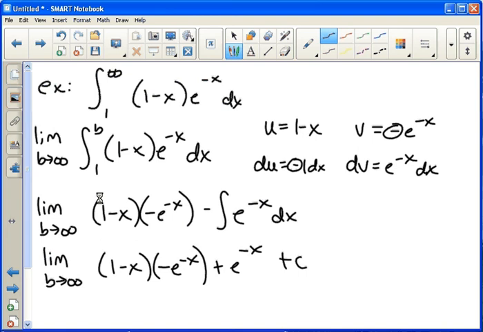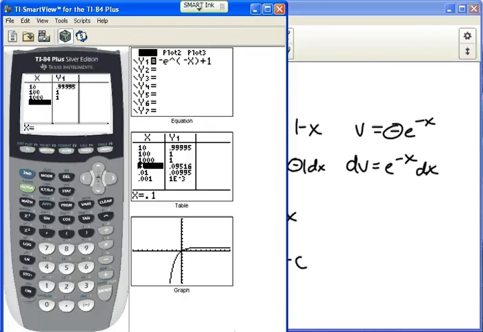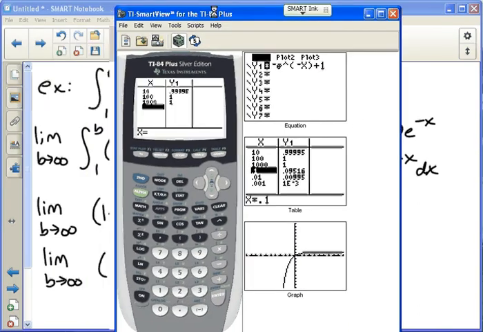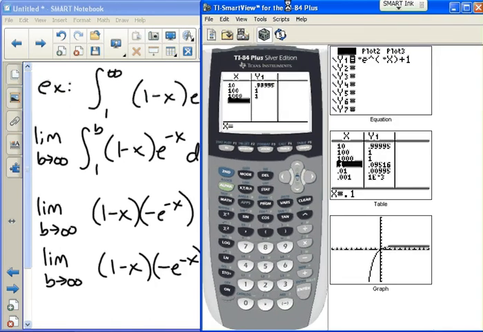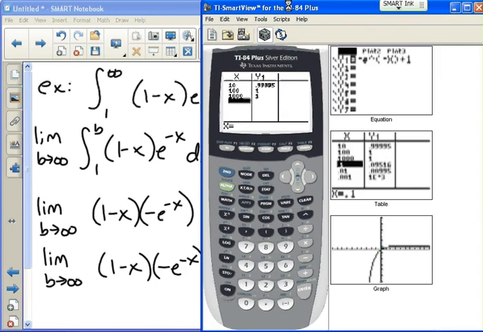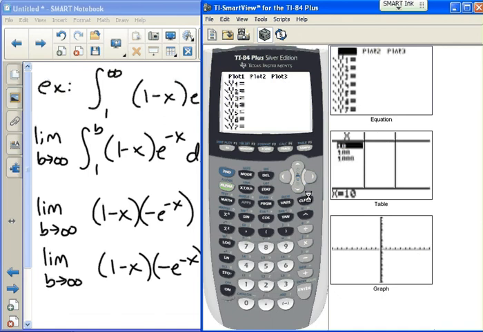So, with that in mind, we will pull the calculator up. And our equation was 1 minus x times parentheses negative e to the negative x. And then let's see, it was plus e to the negative x.